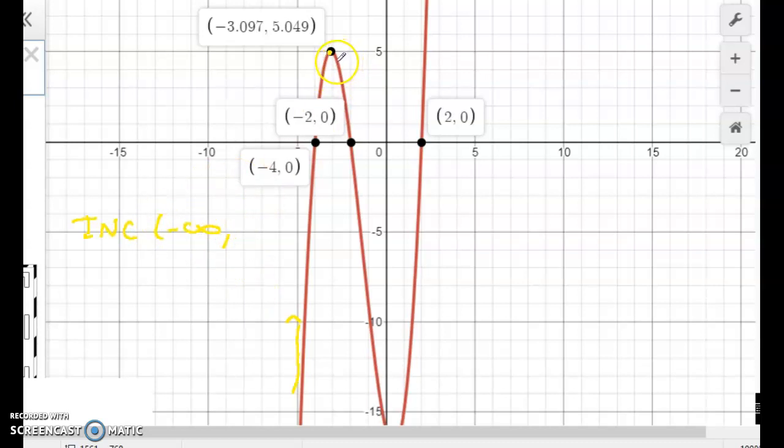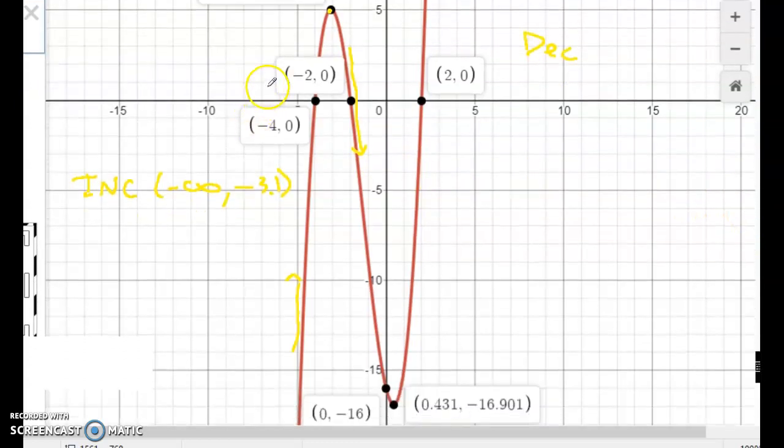to this point right here on the x, so -3.1. Then this part is going down, so that is a decreasing interval, from -3.1, where we left off, to 0.43.